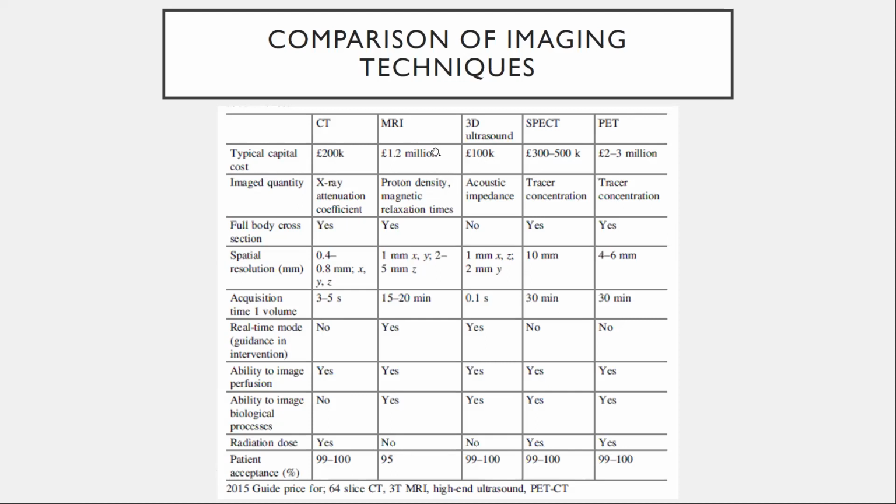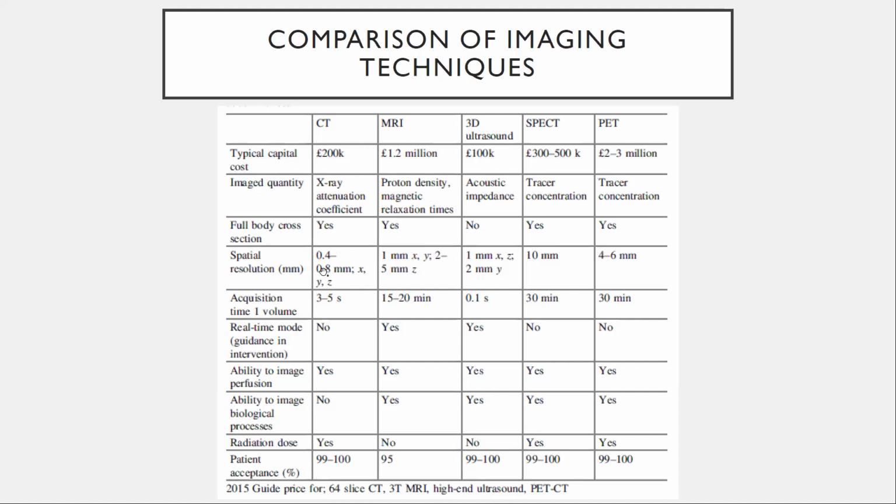So when the doctors tell you that you can't bring anything metal inside the MRI room, it's not because they don't like fun stuff. It's because they spent a ton of money on that machine and they don't want anything to mess it up, right? The other thing I want to draw your attention to is the spatial resolution. Remember I talked about one of the big advantages of CT is you get much better spatial resolution.